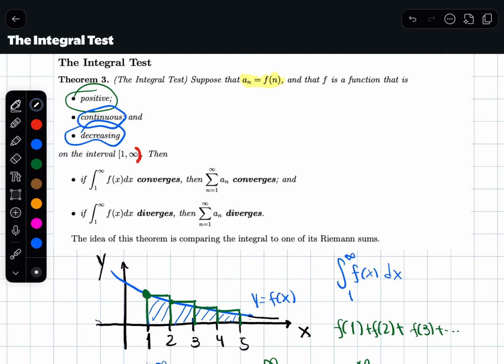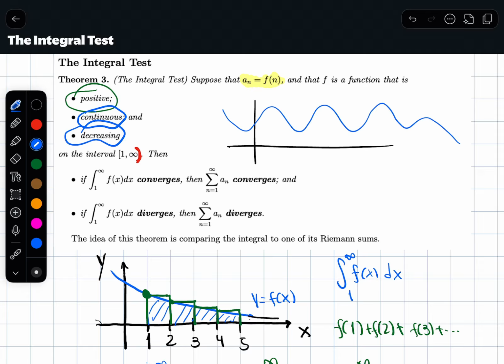It needs to be decreasing, because if you have something going up and down, up and down, all of the estimates that we just said don't work anymore, because maybe you have right here a rectangle that is a little bit above and then the next one is below. So which one is bigger? And the next one is above, maybe the next one is below.